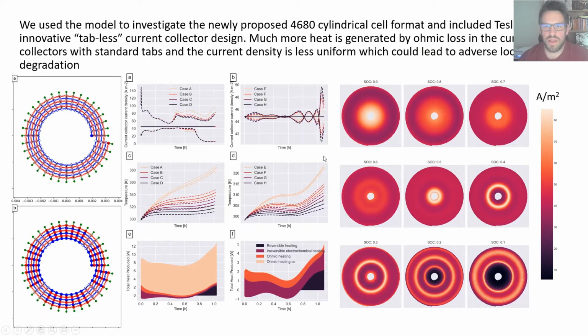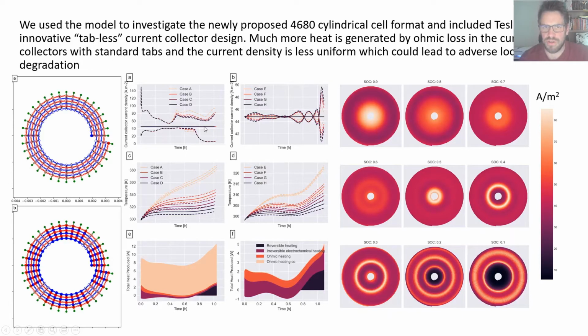So coming on to some of the results that you can get from this is actually showing that Tesla paper now. And you can see on the left, I've highlighted, by this dark region, where for the two scenarios you'd have just a single tab or tabs anywhere. And then this middle picture, over time, you can see that the current collector current density has an average value, which is the solid line.